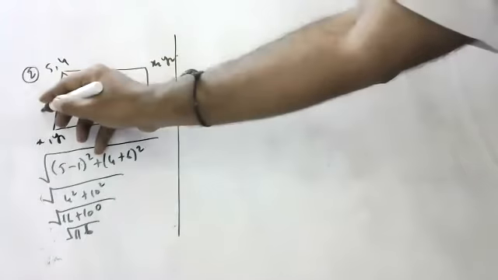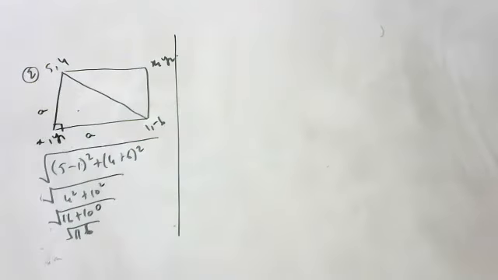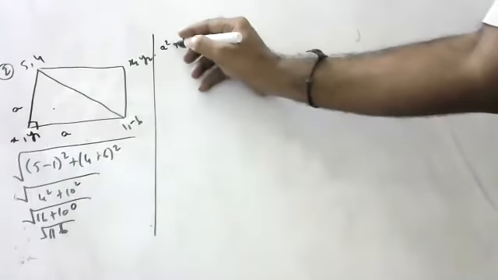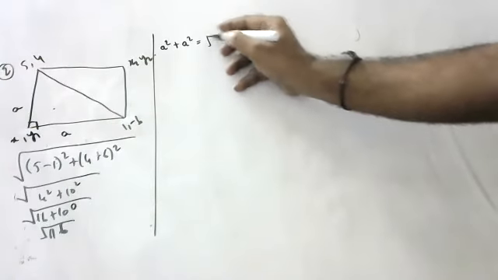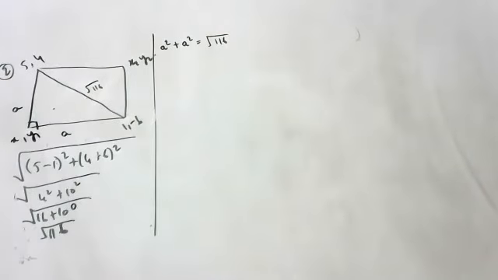Now, children, this side is a, this side is a. Can we apply the Pythagoras theorem here? Yes, because all angles of a square are 90. a square plus a square is equal to root of 116 whole square.